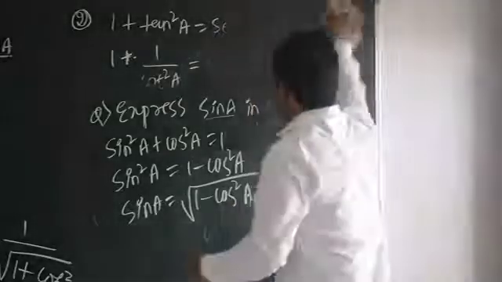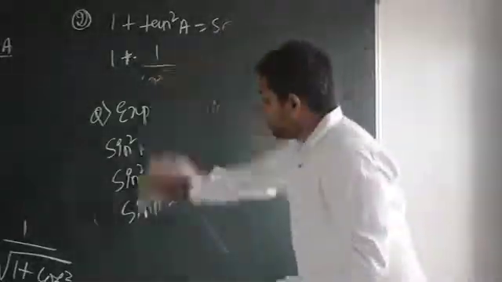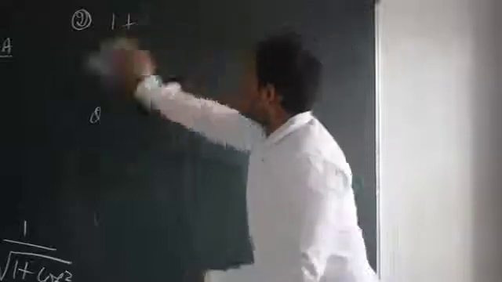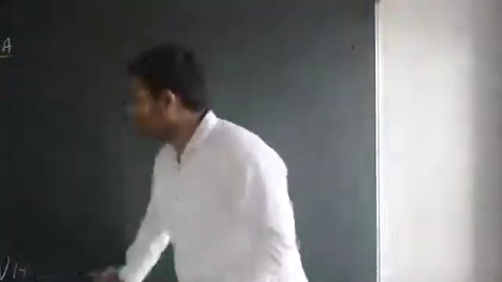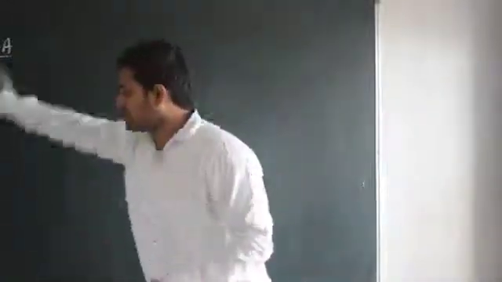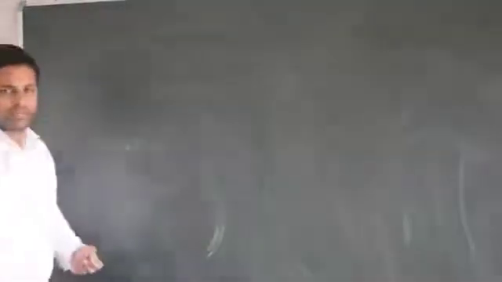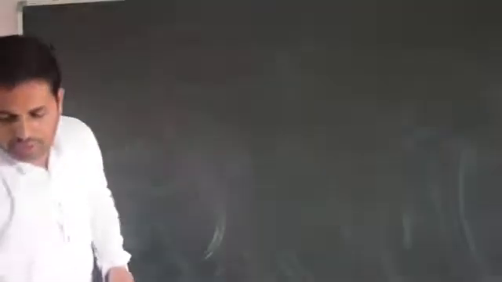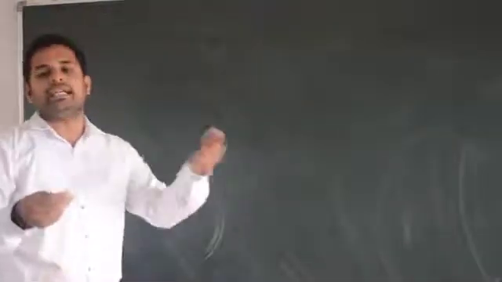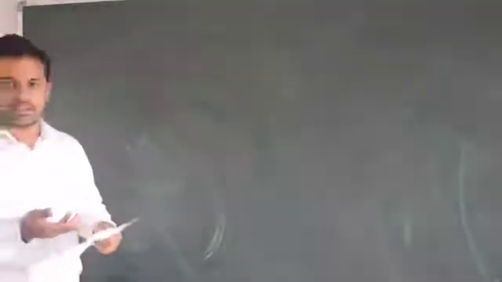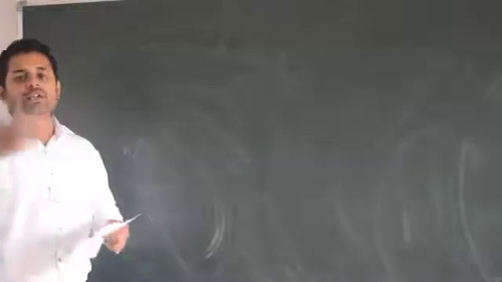In the second question, they have asked you to find sine A in terms of all other trigonometric ratios. That is sine A in terms of cos A, sine A in terms of tan A, sine A in terms of cosecant A, sine A in terms of secant A, and sine A in terms of cot A also. Write all trigonometric ratios in terms of secant A. You link secant A with all other trigonometric ratios.